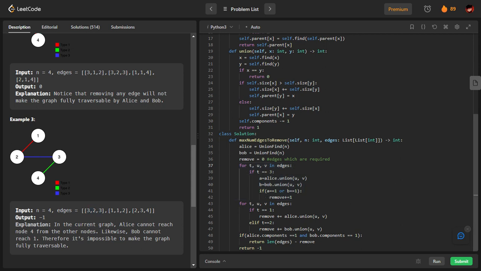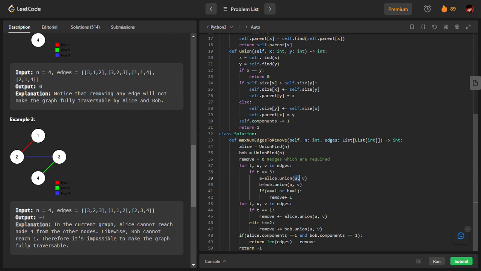If T equals 3, that means we are talking about type 3 edges, which are considered for both Alice and Bob. So we do a union of U and V for Alice, and a union of U and V for Bob. This function returns either 1 or 0.